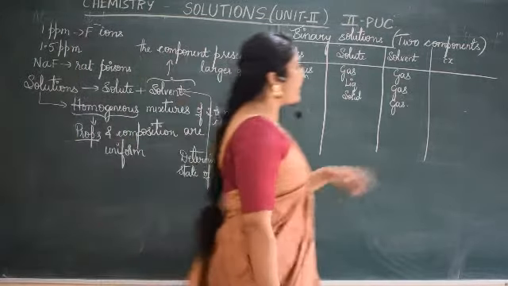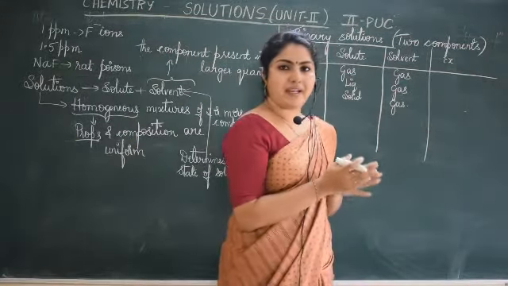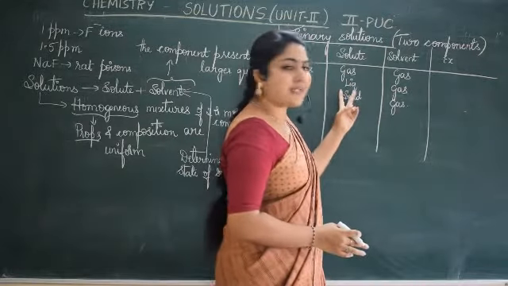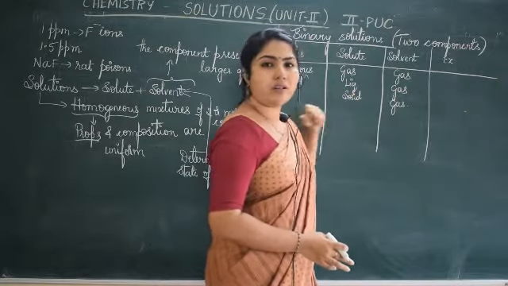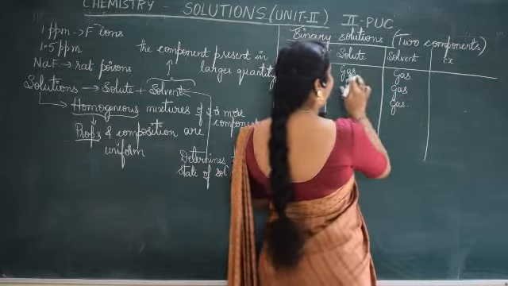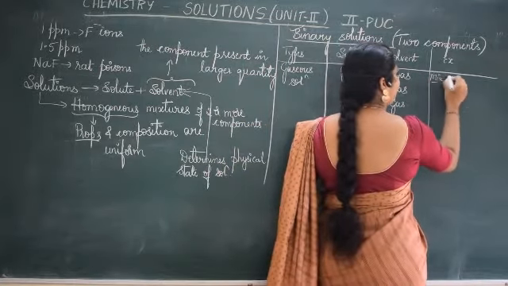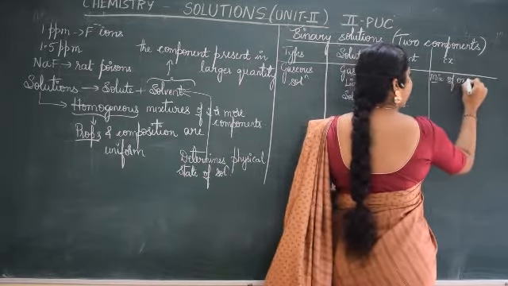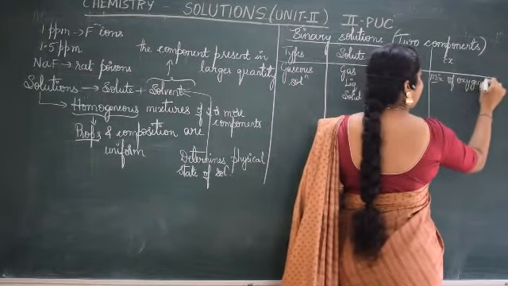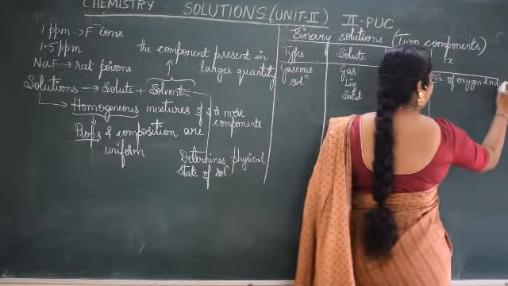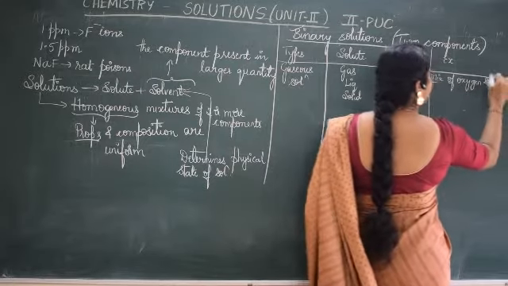Now let us consider the solvent being a gas, whereas solute is gas, liquid or solid. Example, both are gases, mixture of oxygen and nitrogen. Here oxygen is a gas, nitrogen is a gas.